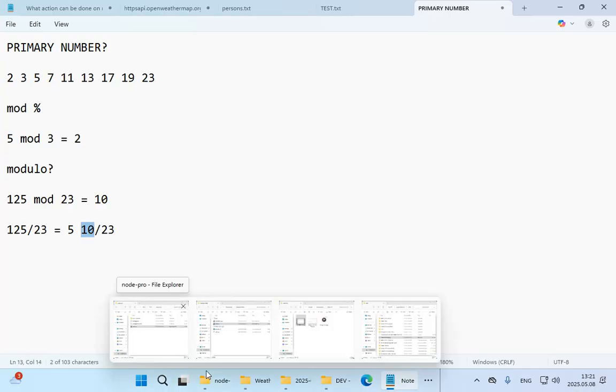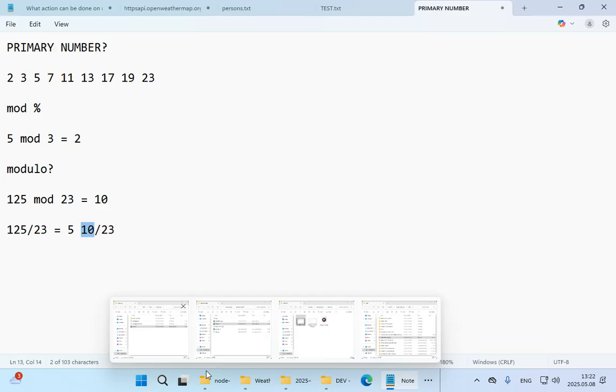So it is the remainder which is left when you divide by the number. And what is important to understand is that if you divide by 7, you can get 0, 1, 2, 3, 4, 5, and 6, but you never get 7. Modulo is always less than the number which you divide by. Do you understand? Yeah?